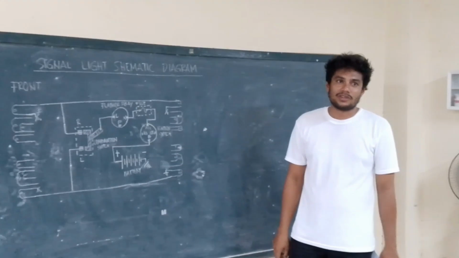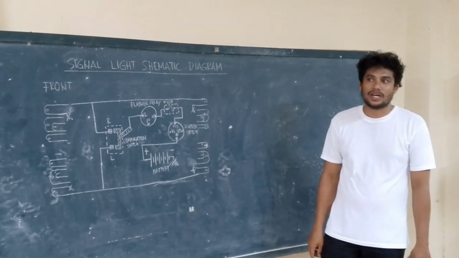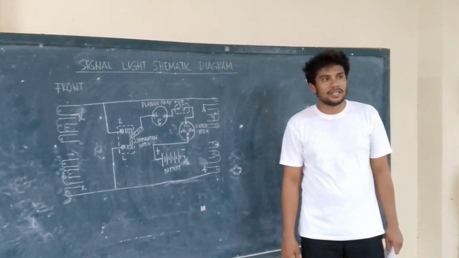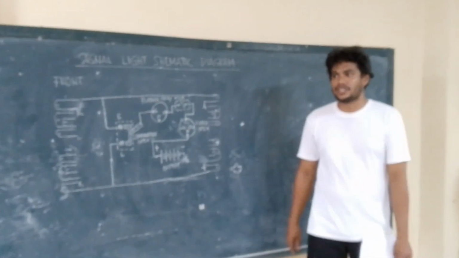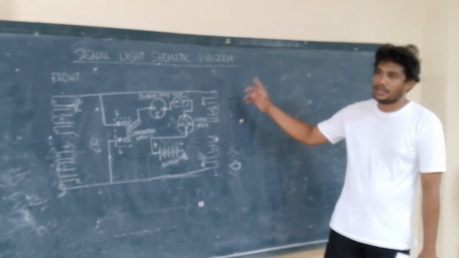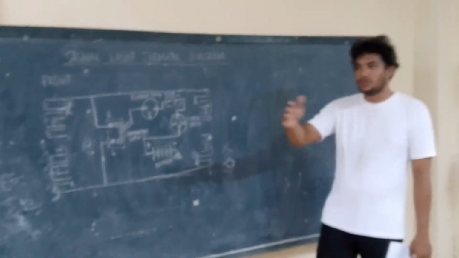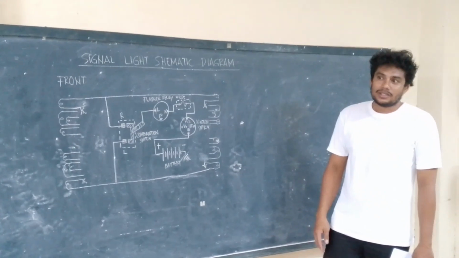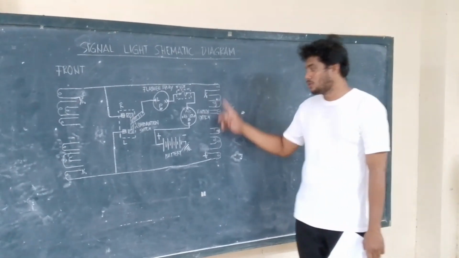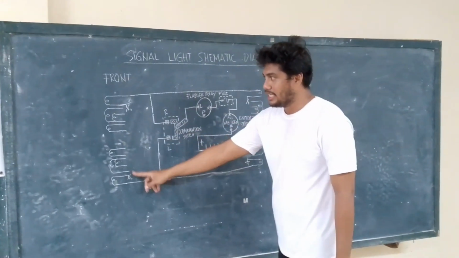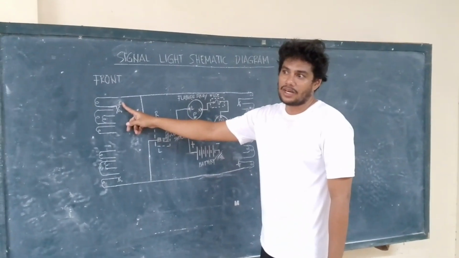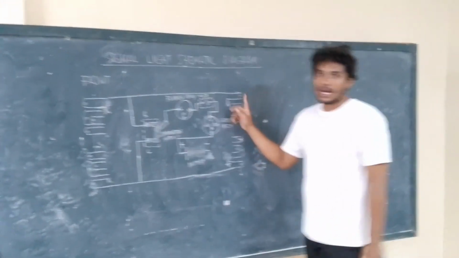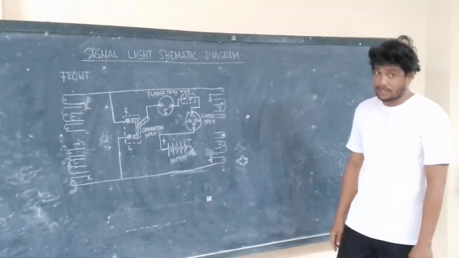By the way, the purpose of our signal light is to give signals to other drivers for our direction, either left or right, or if there is trouble in our car and we need to move aside, so we signal the hazard so that we can tell other drivers what is happening in our vehicle.